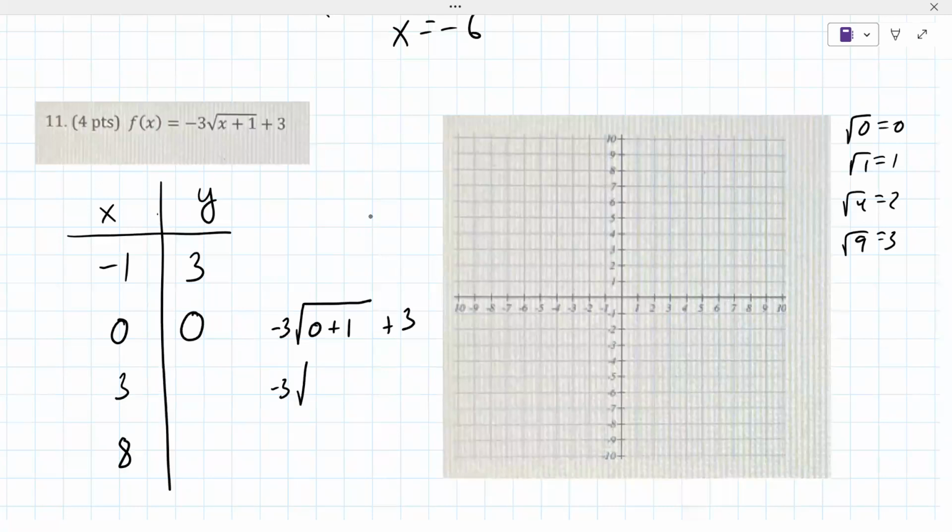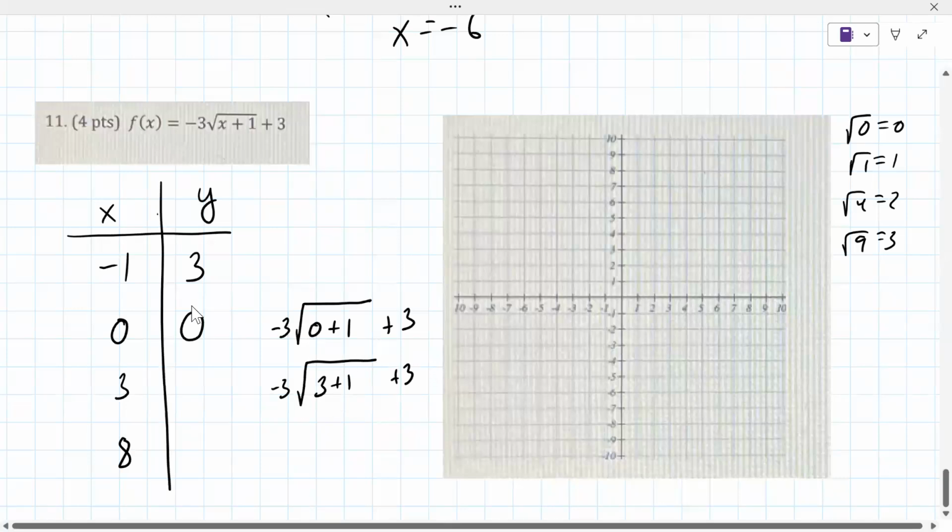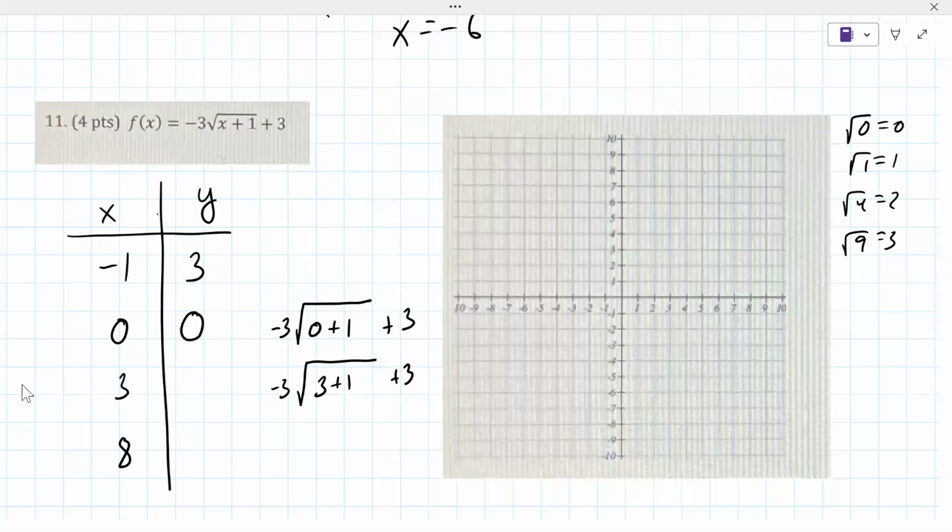For the next point, it's -3 square root of 3 plus 1, plus 3. Could you try simplifying that for us, please? 3. -3.